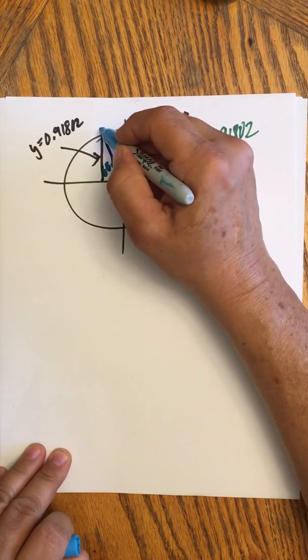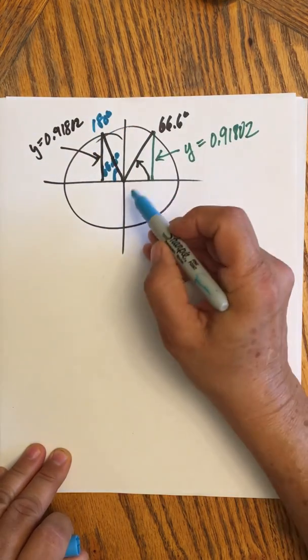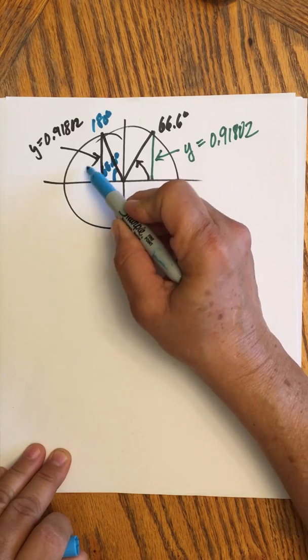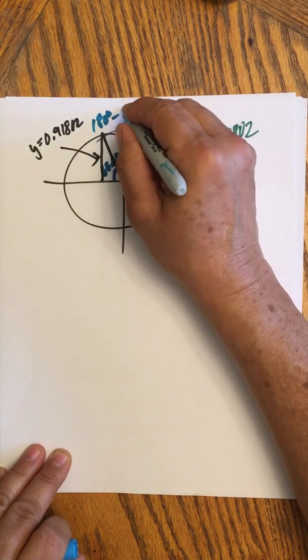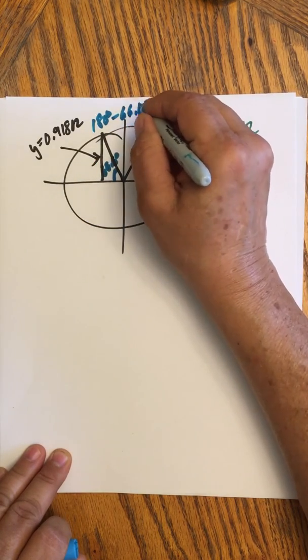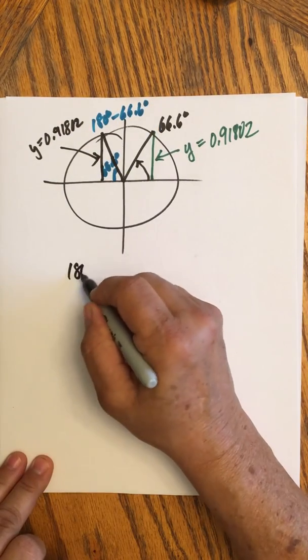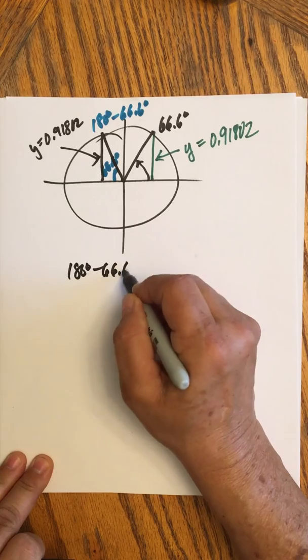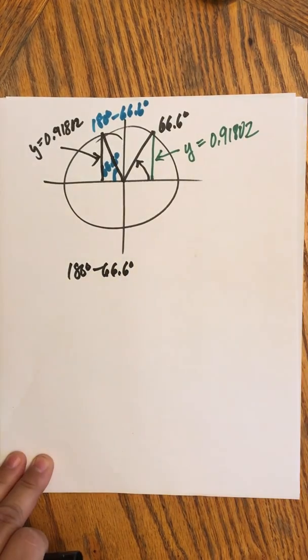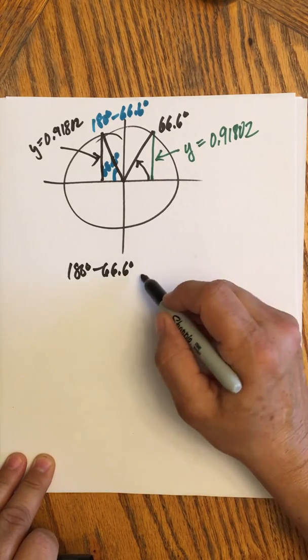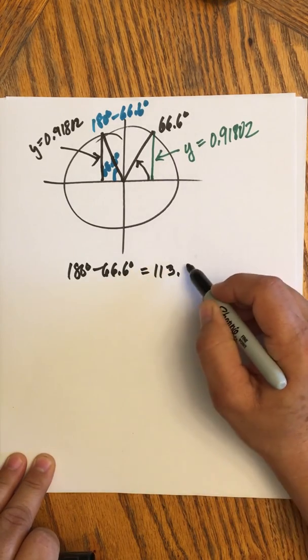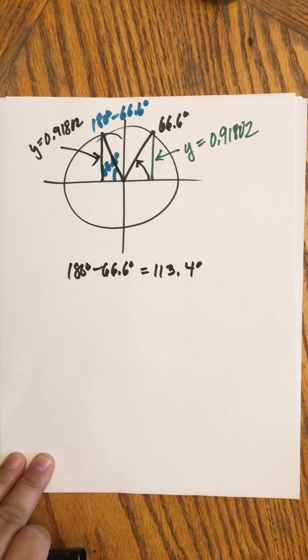So this angle would be 180 minus the 66.6. When you do that, 180 minus 66.6 degrees, you will get 113.4 degrees. Now that makes a lot more sense.